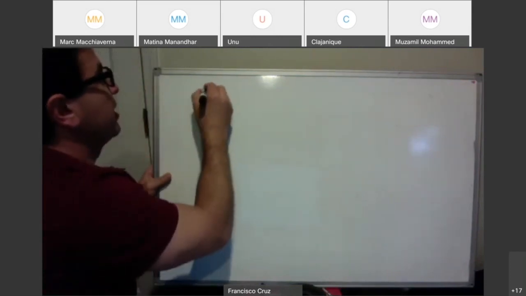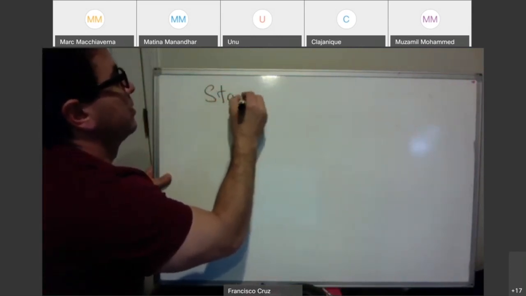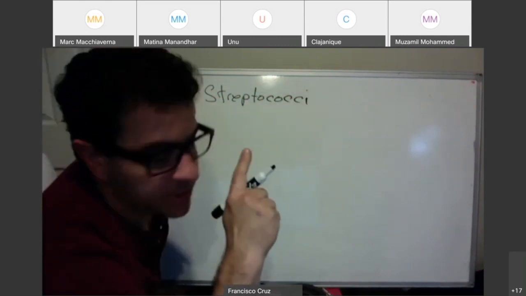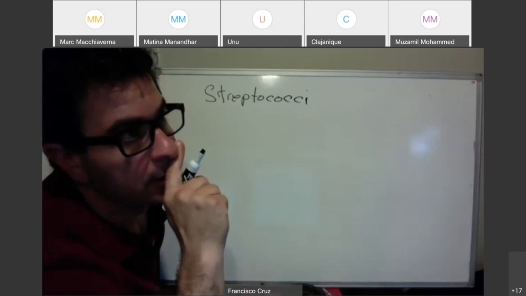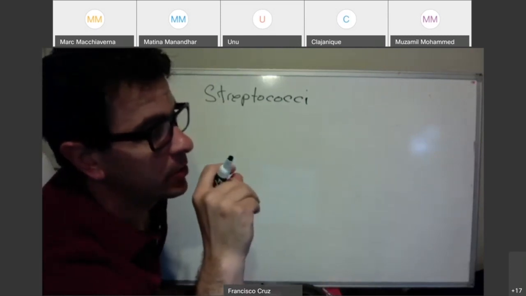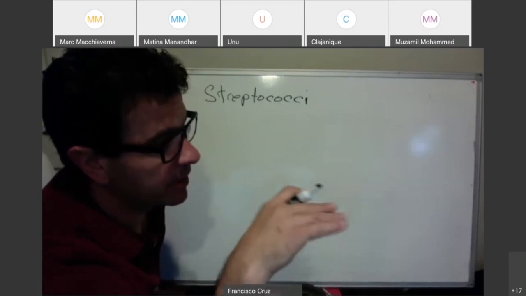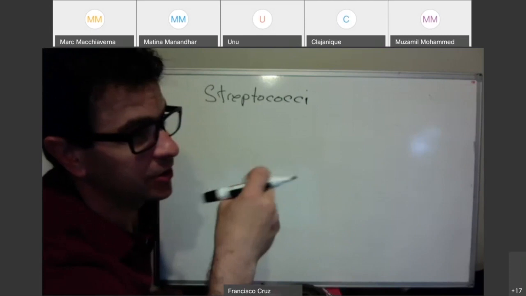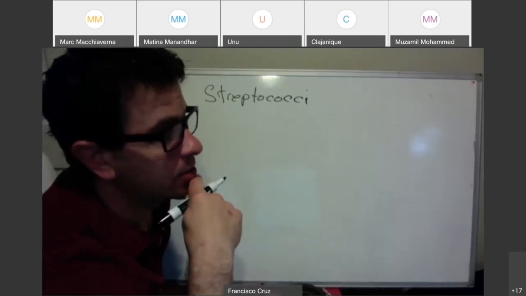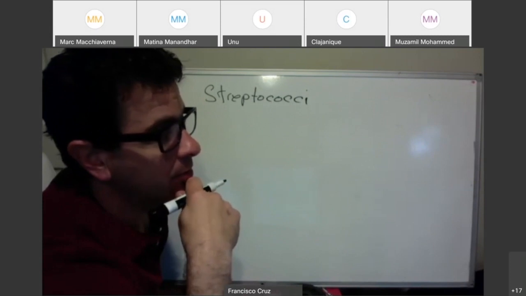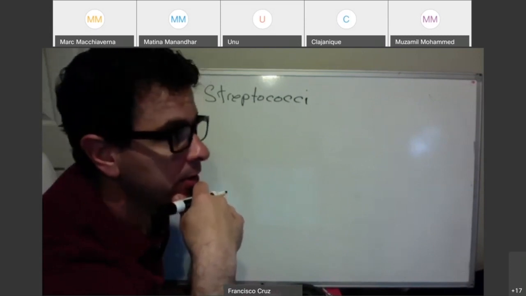So Streptococci, you have to remember this is a biofilm. The biofilm is going to encapsulate the bacteria and protect it, and inside of this biofilm, oxygen is sequestered right away. So it doesn't take long for the biofilm to become an anaerobic environment.